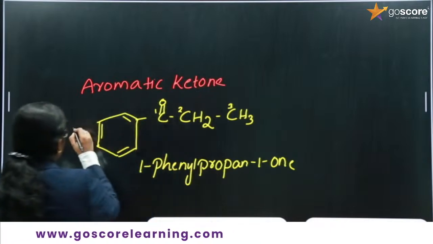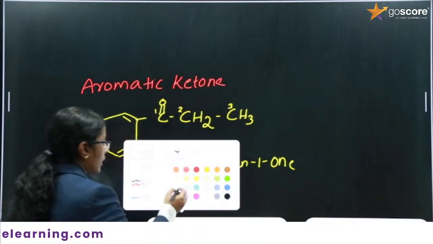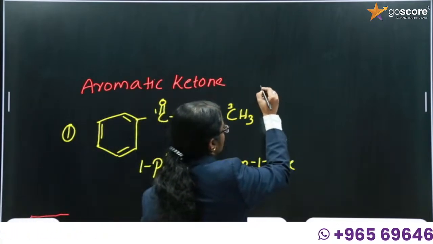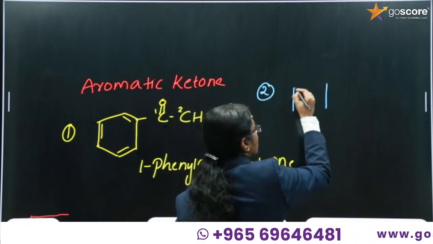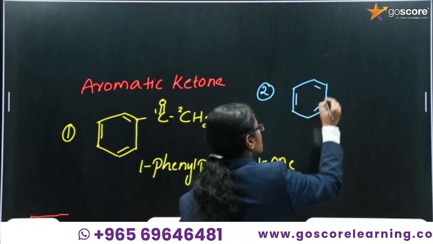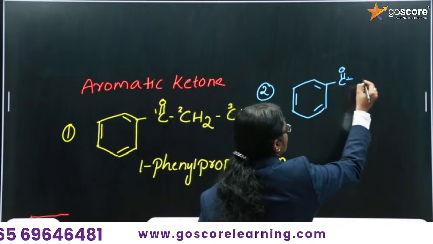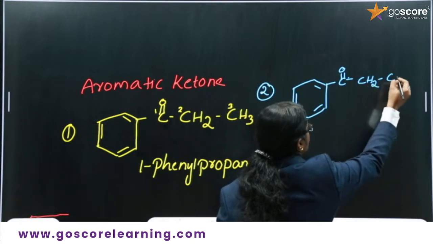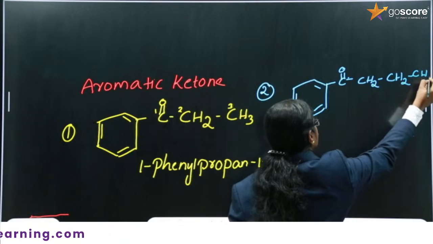The next example for an aromatic compound contains C double bond O, CH2, CH2, CH3.